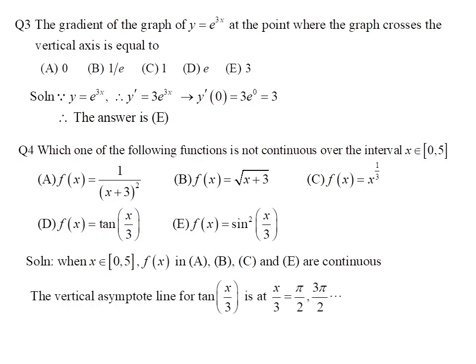Let's take a close look at the function in D. The vertical asymptotes for tangent of x over 3 are at pi over 2, 3 pi over 2, etc. And 3 pi over 2 is greater than 0 but less than 5. It follows that there is a vertical asymptote between 0 and 5. Hence, the answer for question 4 is D.